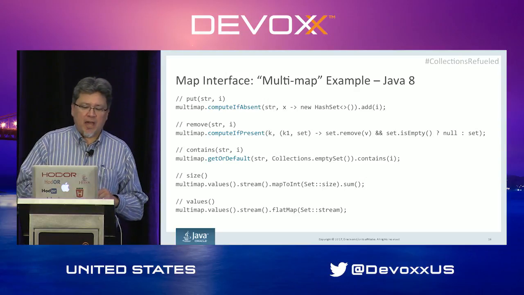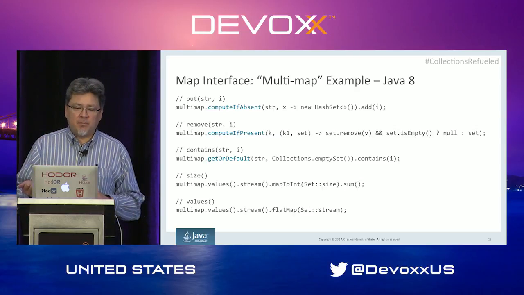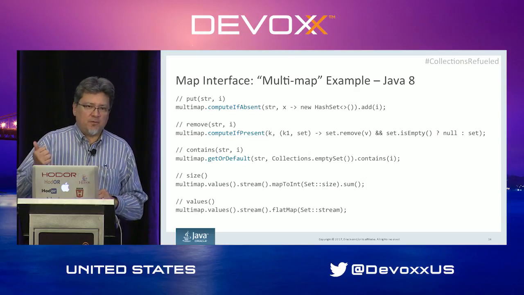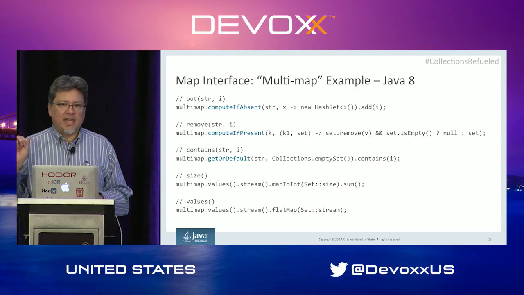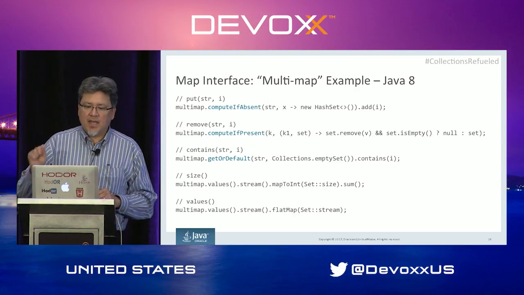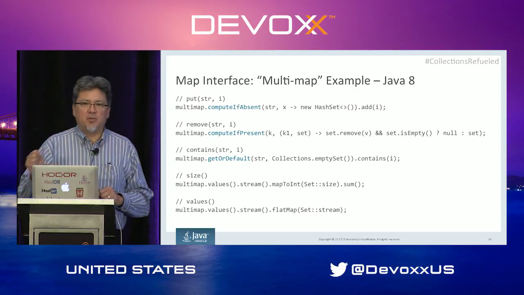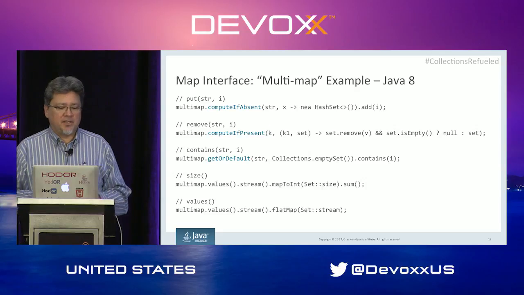Anyway, computeIfAbsent evaluates the lambda expression that you pass it if the key is absent, and then it takes the result of that and stores it in the map. And interestingly, regardless of whether it actually did that computation or not, it returns the value corresponding to the key.